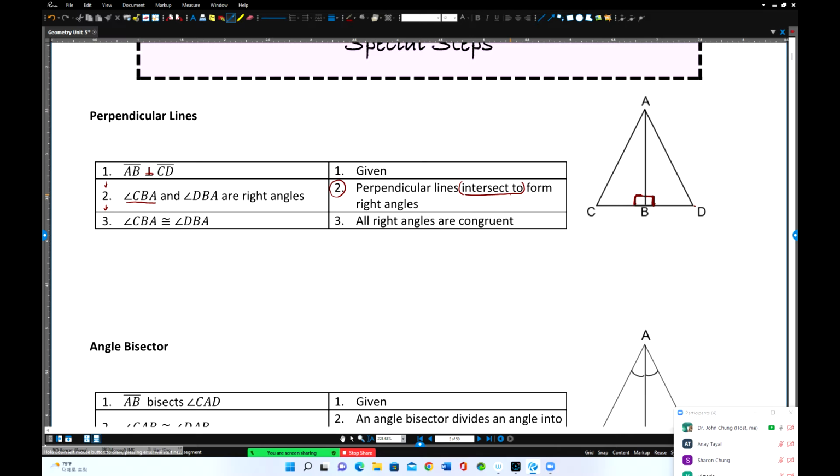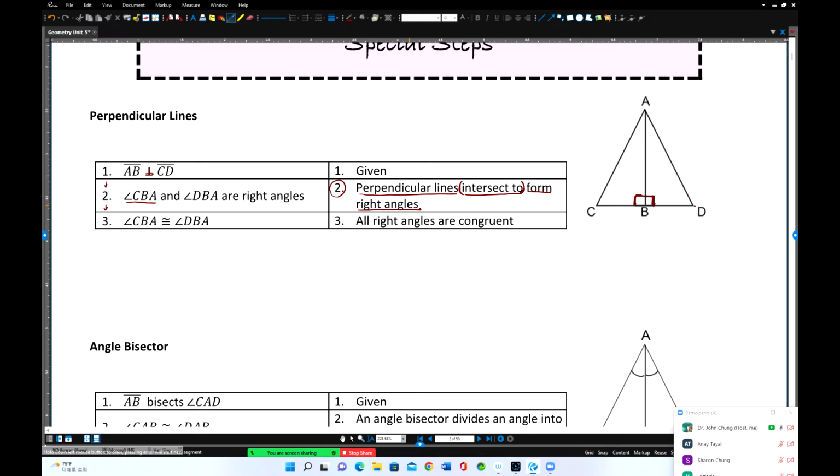It's fine too, simply. Or with a little more detail, you can say perpendicular lines intersect to form right angles. But I like this one: perpendicular lines form right angles. That's the reason, okay?